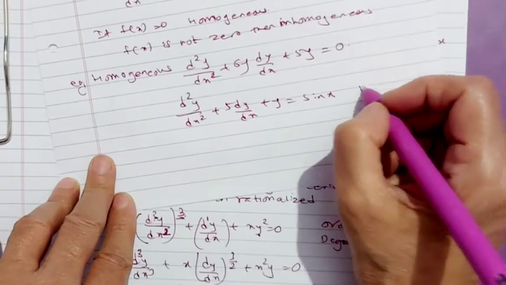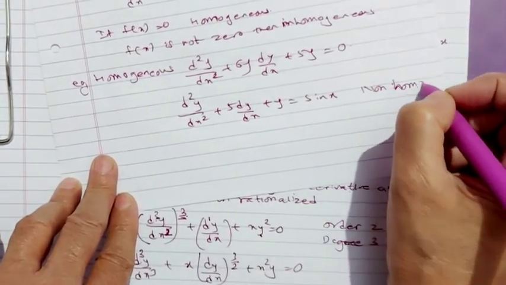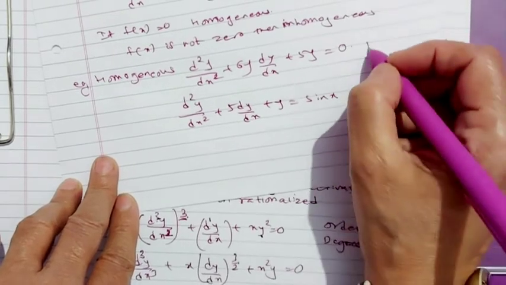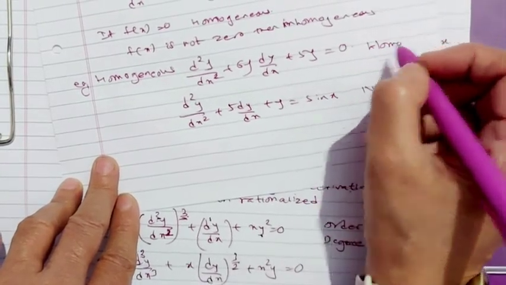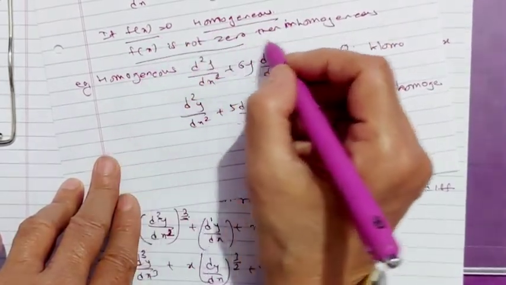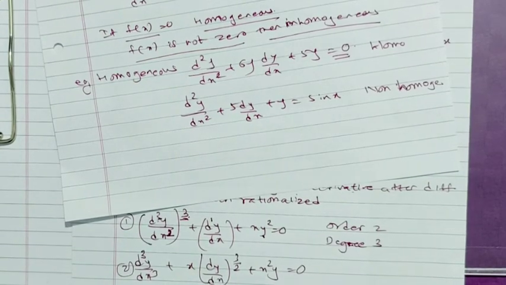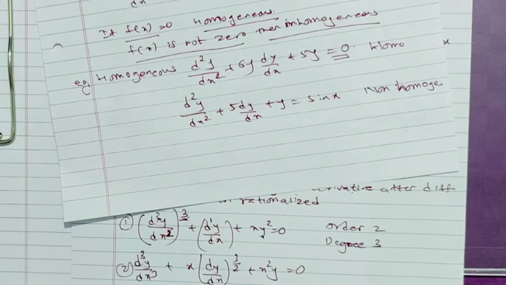This will be non-homogeneous, and this one is homogeneous. Right-hand side f(x) equal to 0, homogeneous. f(x) not 0, then non-homogeneous. So this is the way we will solve a few problems in the next lecture.